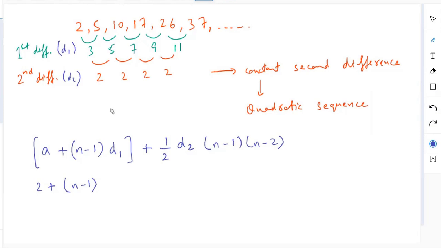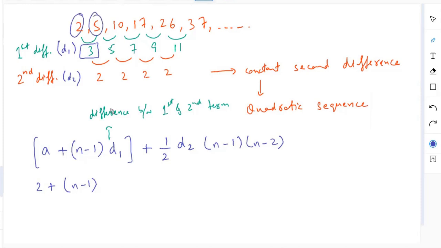Let me clarify here: d1 in this case is the difference between the first and second term. We're only talking about the first difference here. The difference of the first two terms, that is 3 here. We use only the difference of the first two terms. The others are also first differences, but we don't use them.